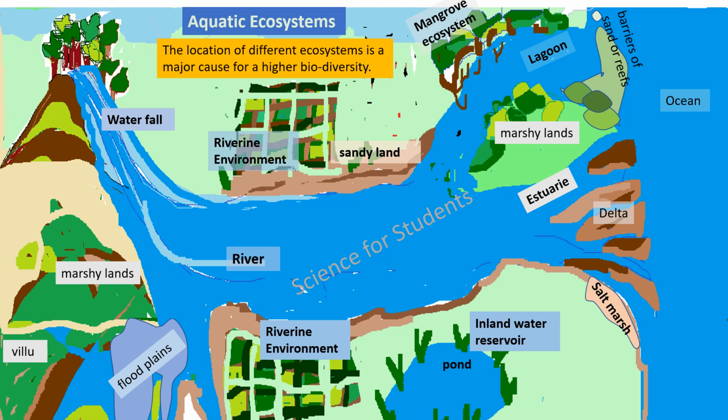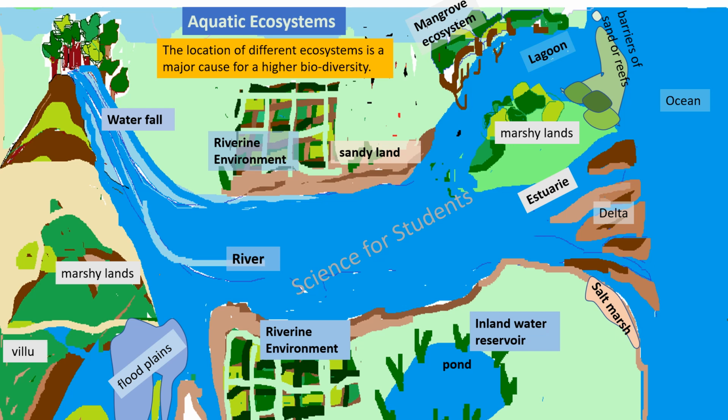Then, what are estuaries? The river water or fresh water and the ocean or marine water mix here. The river opens to the ocean at the estuary.